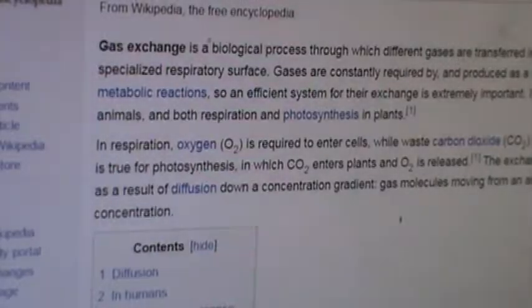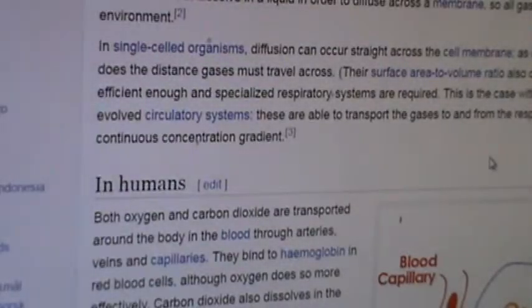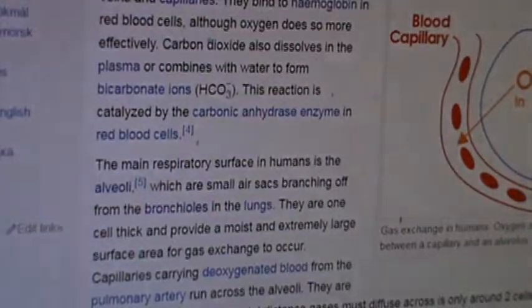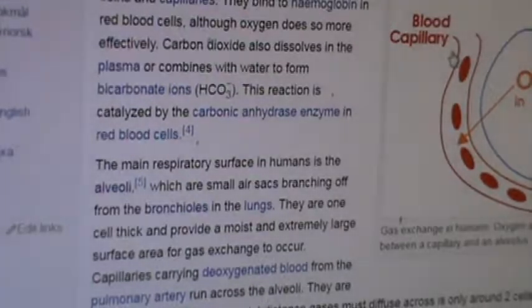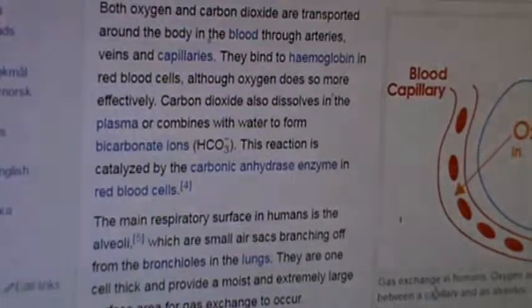Okay, so we solved diffusion and gas exchange. I love diagrams. Oh yeah, in plus out is a lovely Father fest, but yeah, alveoli. Between a capillary and an alveolus.